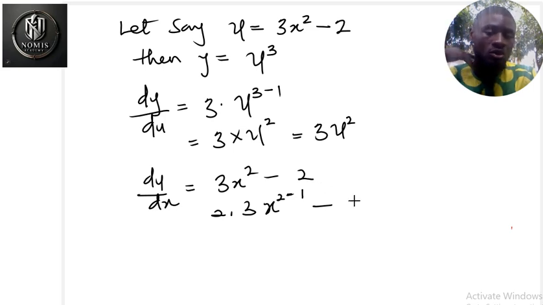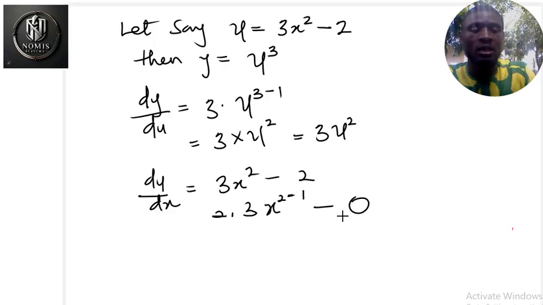If you differentiate 2 it gives you 0. So what am I going to have from here? 2 times 3 gives me 6, so I'll have 6x. Then I have 2 minus 1, which gives me 1. x to the power of 1 minus 0. So the final answer is just 6x.